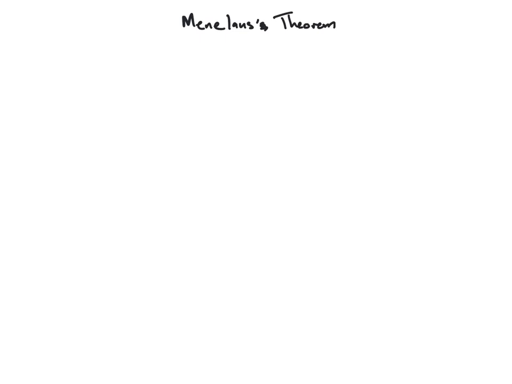Menelaus' theorem. I'm going to draw a picture to help me illustrate it first, and then I'll write it out as we go along, and then we'll talk about proving it. So let's say that I have this triangle, A, B, C. Now, I can extend the three sides if I want.